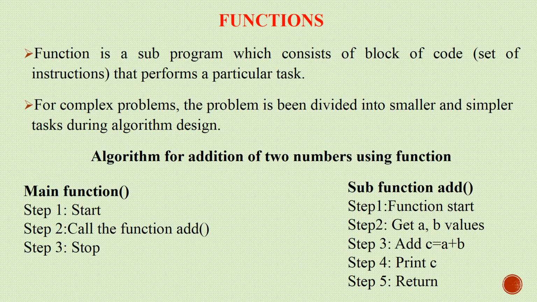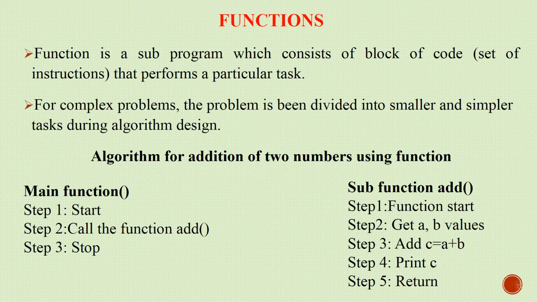The add function has step 1 function start, step 2 get a comma b. These are the two numbers we have to add. Then step number 3 is c is equal to a plus b, which is an assignment statement. Step number 4 is print c, which is an output statement. And step 5 says return. That is the end point of the function.